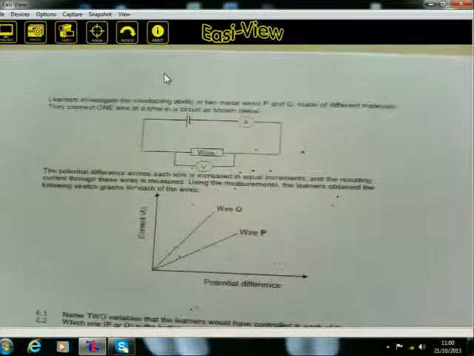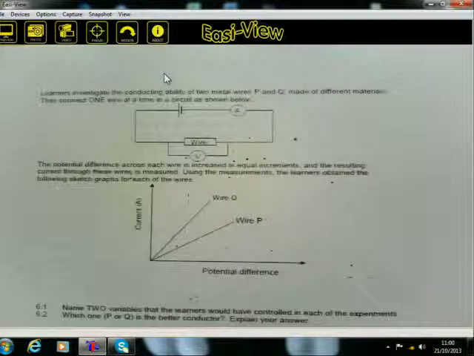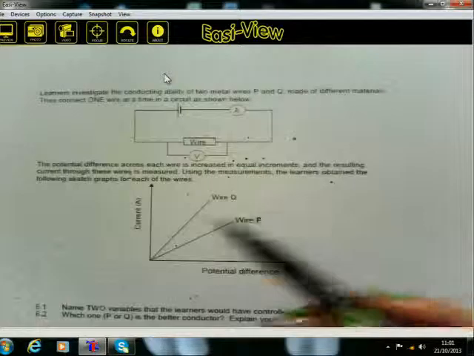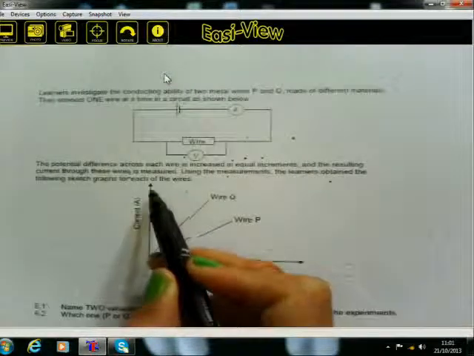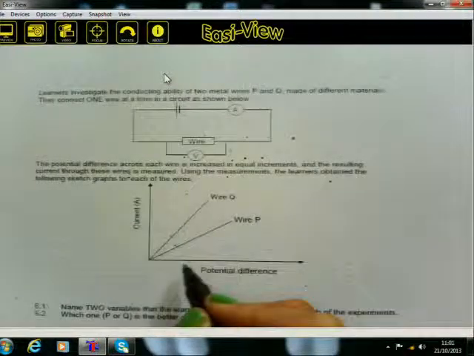Now they want to know, how do these two compare if you looked at their conducting ability? So quickly study the graph, study the diagram, see what you see. Alright, so they drew a graph of current over potential difference.